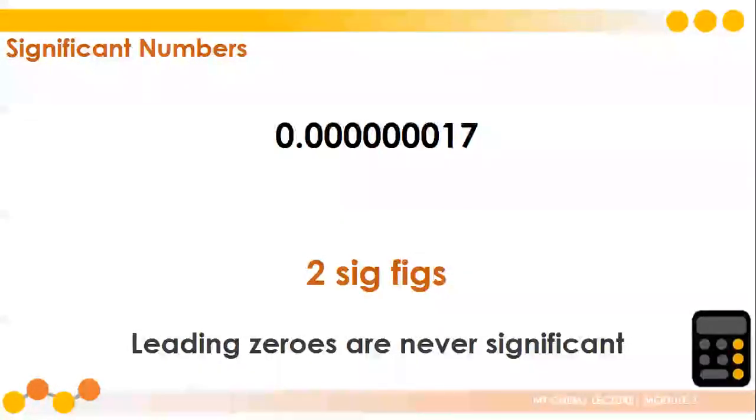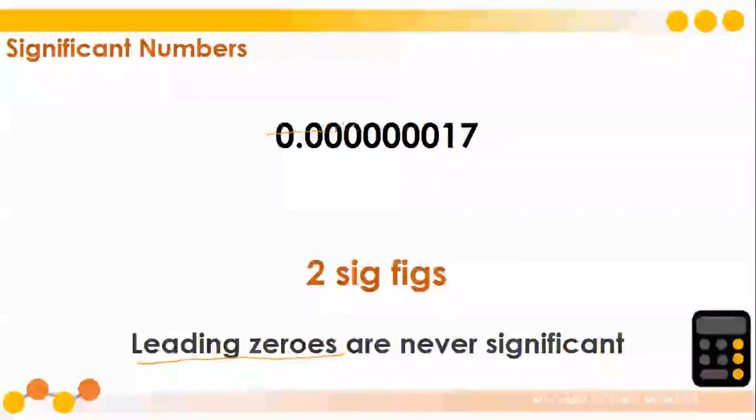With this one, how many significant numbers do you think we have in this given? How many significant numbers do you think we have? We have here two sig figs, or significant numbers. We have to remember that leading zeros are never significant.